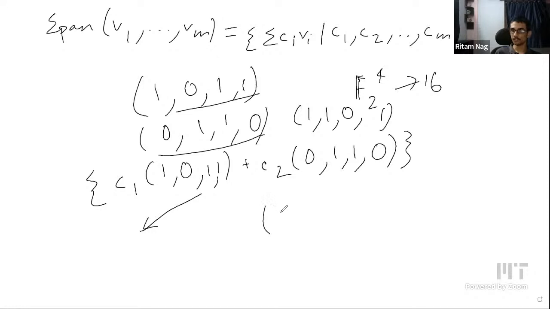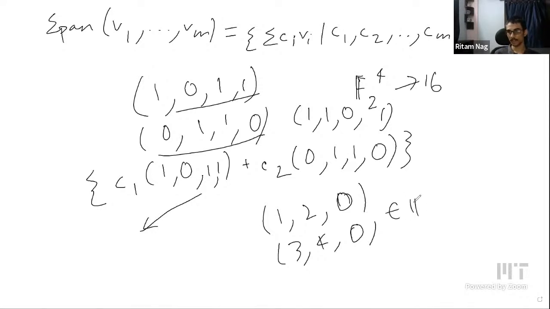Say you have 2 vectors, 1 2 0 and 3 4 0. Suppose these are 2 vectors over R3, where R is the ground field. So what's the span of these 2 vectors?